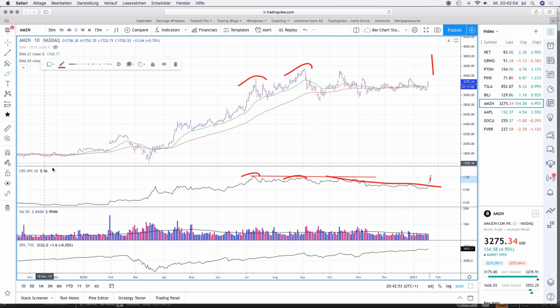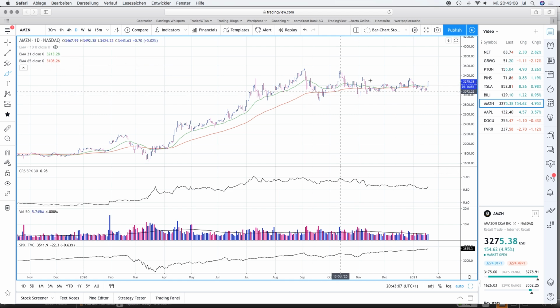But we can learn from that situation. Here, divergence to the S&P 500 and divergence to the RS line, and then you can see a consolidation afterwards. This is something you can see very often in stocks when they stop outperforming the market.